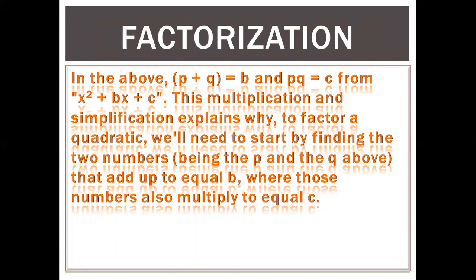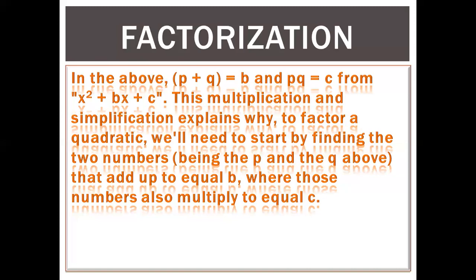This multiplication and simplification explains why, to factor a quadratic, we need to start by finding the two numbers, p and q above, that add up to equal b, where those numbers also multiply to equal c.